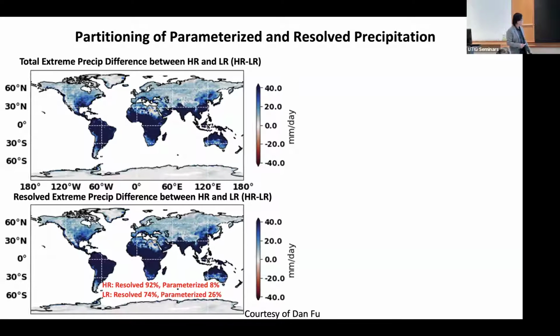And in the low resolution model, the percentage is very different: 74% comes from the large scale, and 26% is coming from the parameterized. Right. So in other words, the low resolution model depends to quite a significant extent on the parameterized rainfall to simulate extreme precipitation.